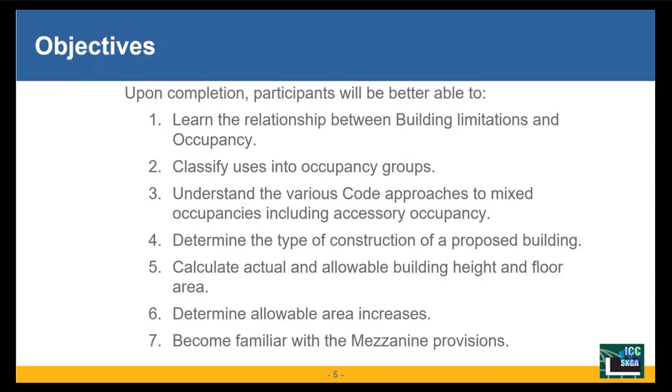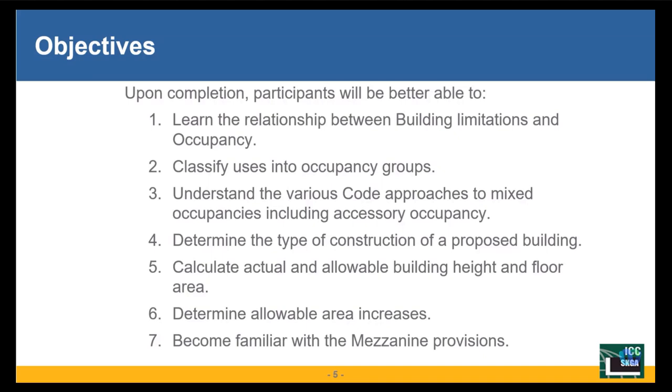At this point, I want to emphasize that it is very critical that you fix and understand the occupancy and type of construction for the building you're dealing with. If you have plans submitted by a design professional and the occupancy and type of construction are not shown or specified, then really you cannot do plan review or do an inspection, because most of the code requirements are driven by the type of construction and occupancy.